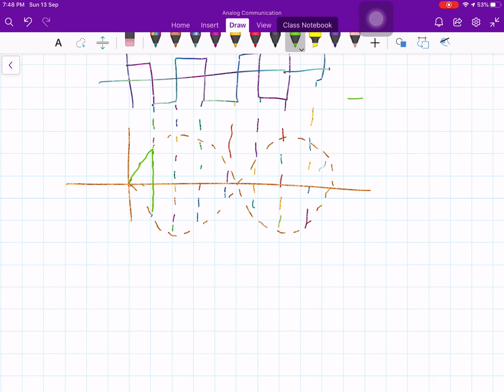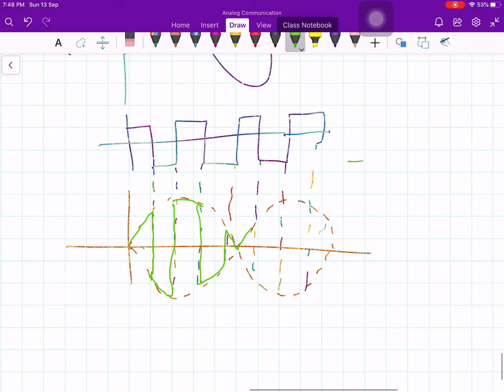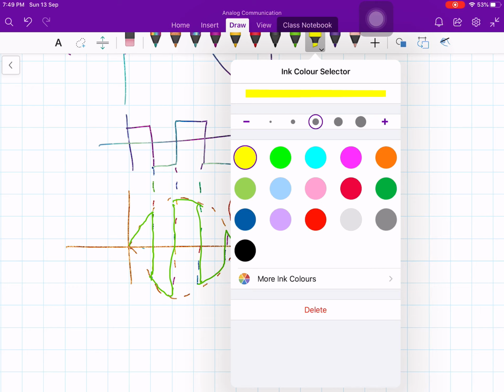Okay, it comes down like this, goes up, then trace like that, again comes down, trace like that, then goes up, come back, like this. So let me shade this in terms of this color.